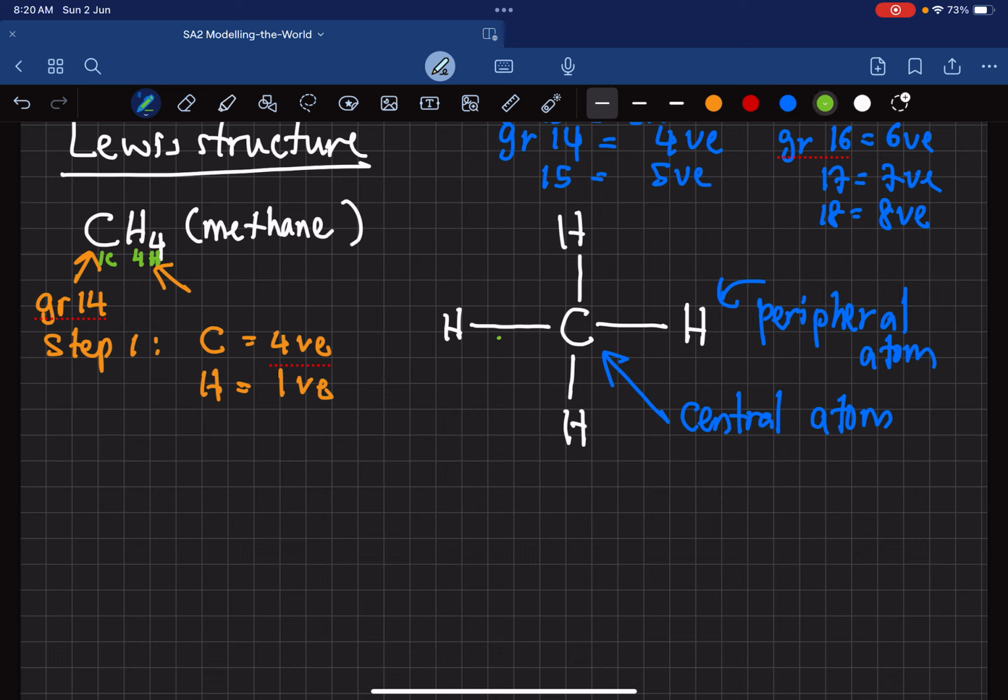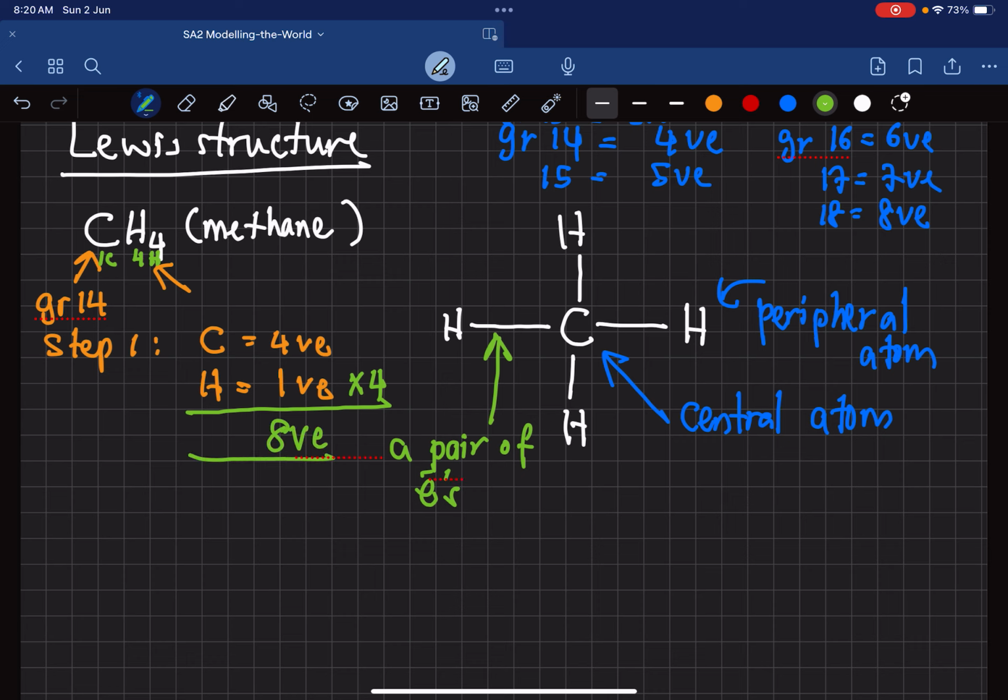Now each line that you see here represents a pair of electrons, okay? Now in the earlier part here, there were 4 hydrogens, so there are times 4 here. If we total this up, we have 8 valence electrons in total. Am I right?